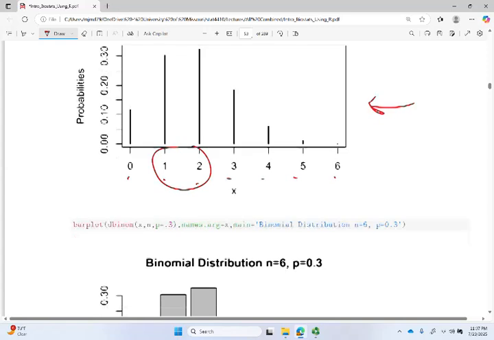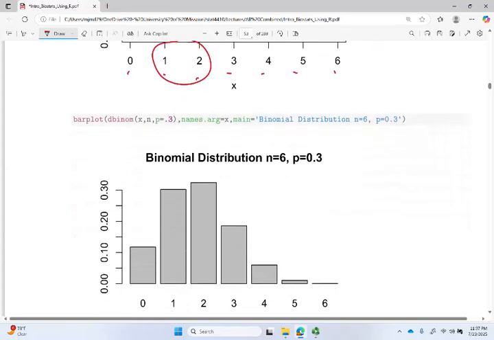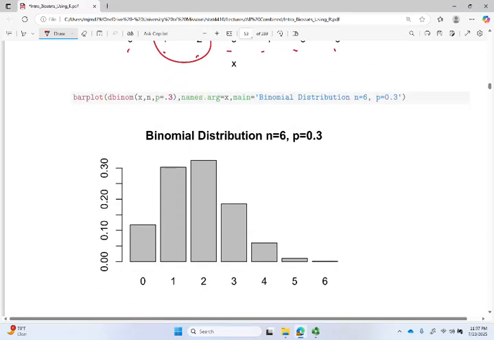There's another way to display this, and that's with a bar plot. And then it creates, you have a width and a height. And so that's what bar plot does. And so what's nice about this is the height is still the probability, but the width is 1.